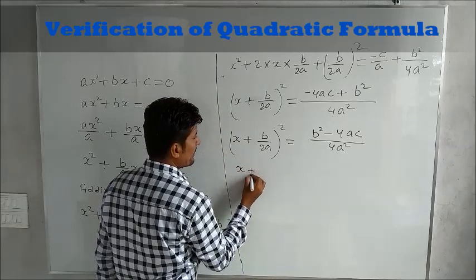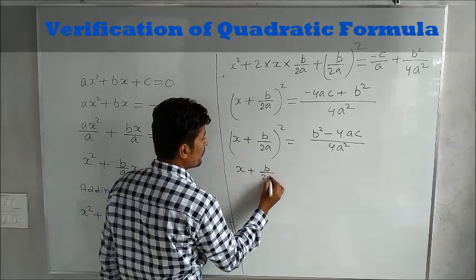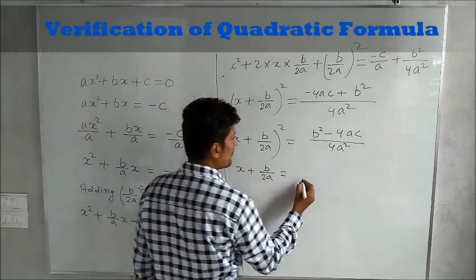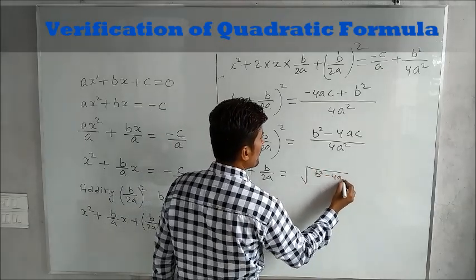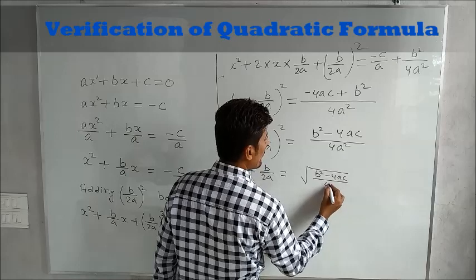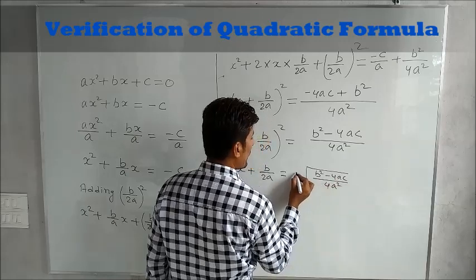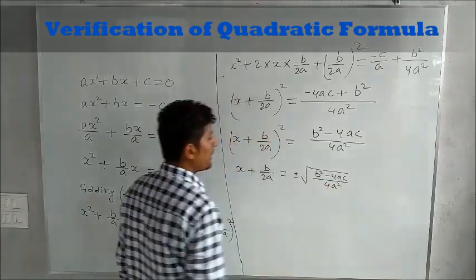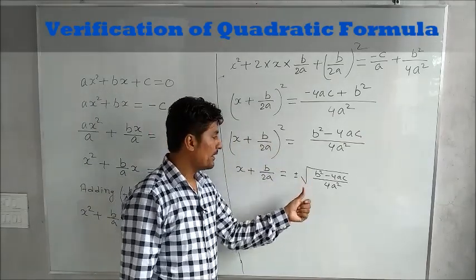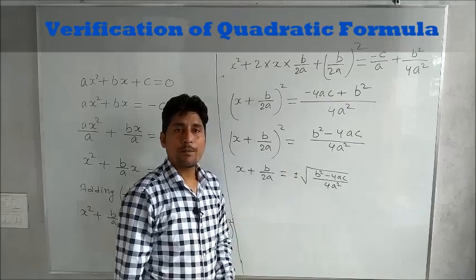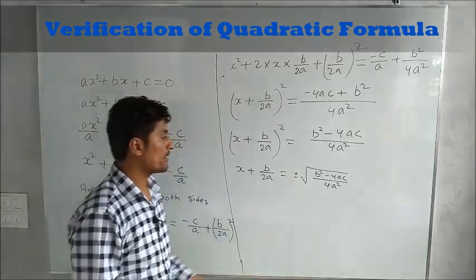Then we can write x plus b upon 2a is equals to under root b square minus 4ac upon 4a square. Here we can write plus minus also. Whenever we are sending the square from one side to another side, then here we have to put positive and negative both the signs.